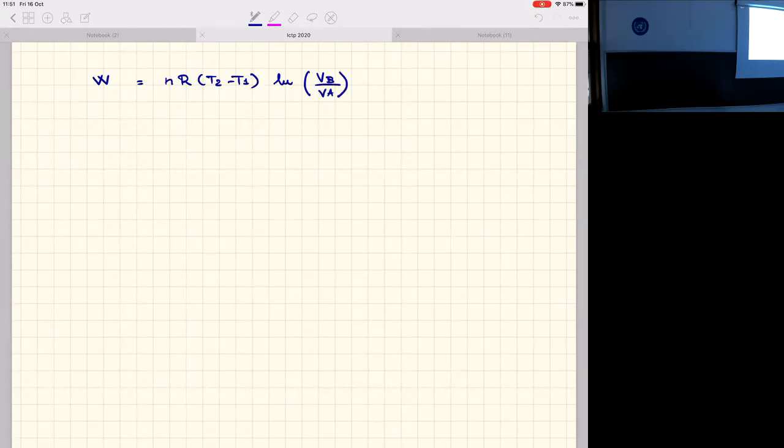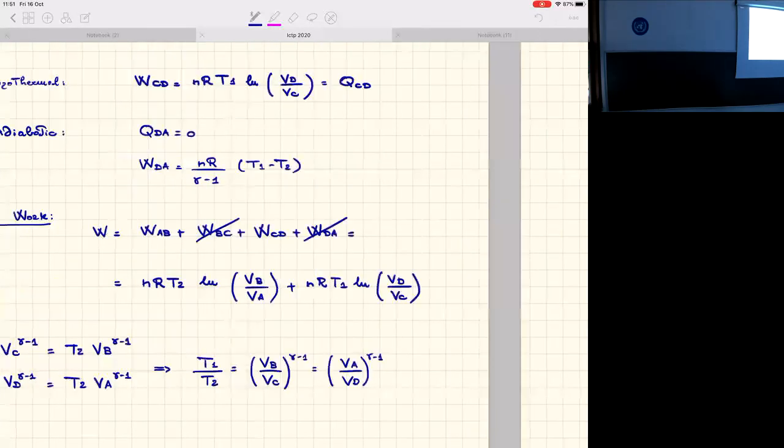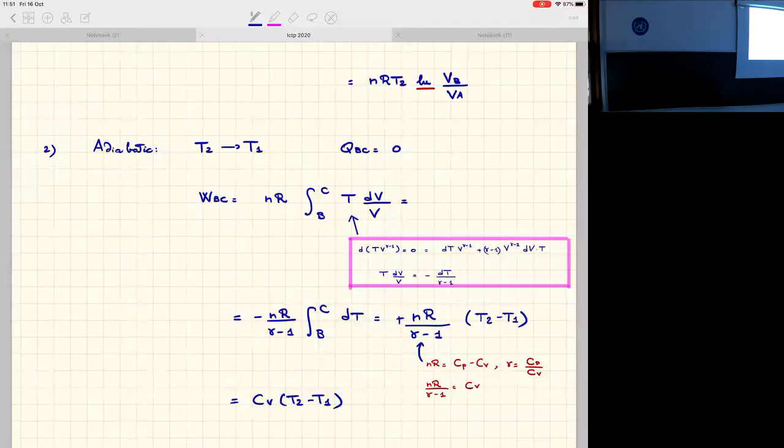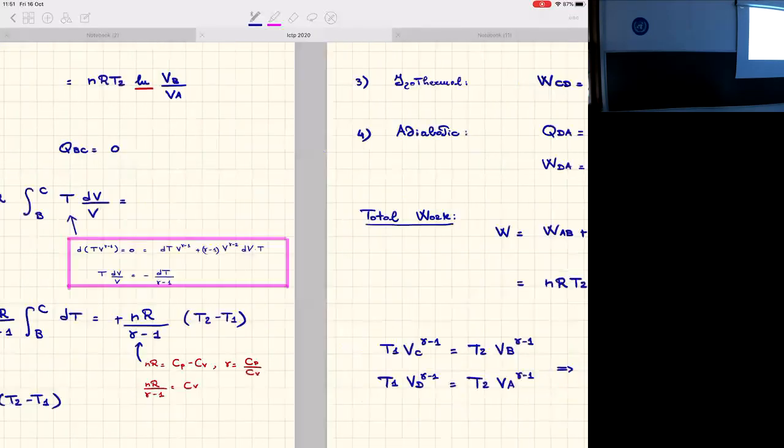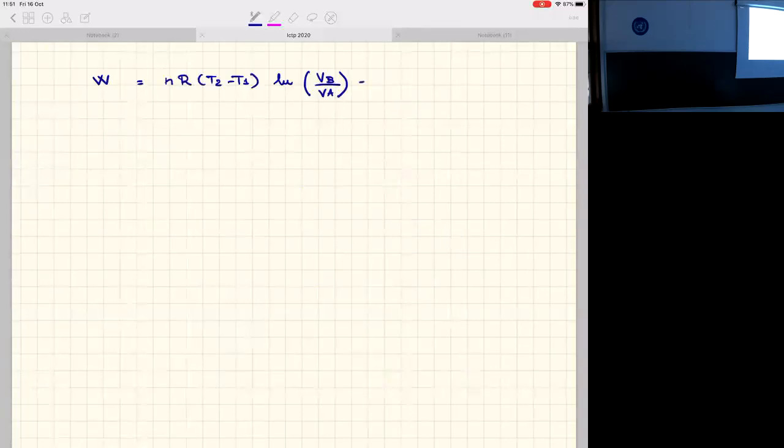Now we have to figure out what is the money. Where is the money? Well, the money is where I take heat from the warmer reservoir, and that's the first stroke of the transformation, this one, right? And therefore, I have that the money is Q is equal to n times R T2 times log of VB over VA.